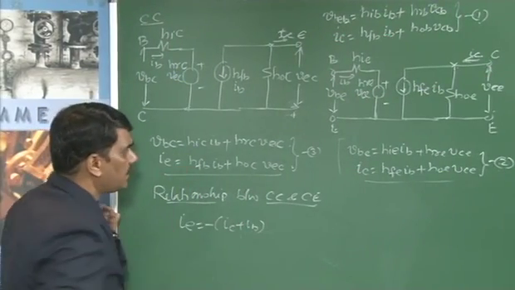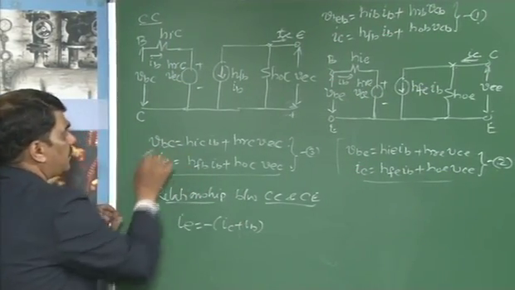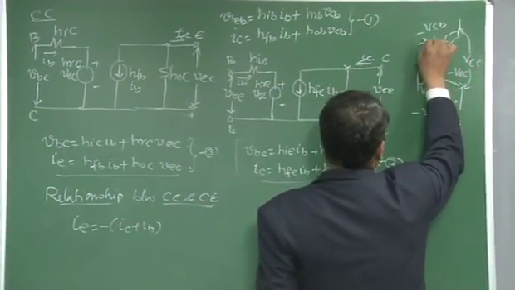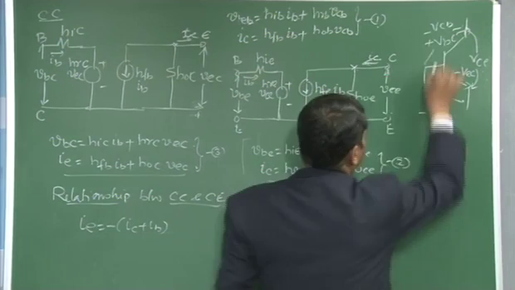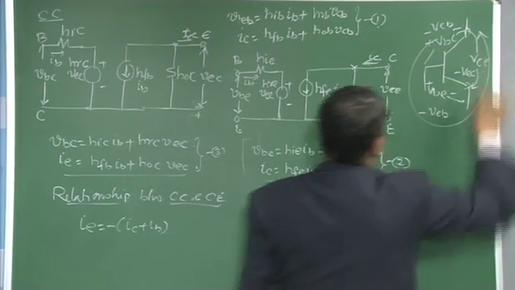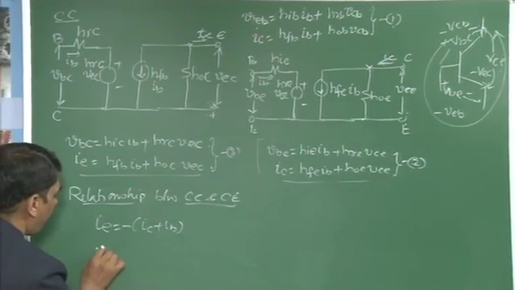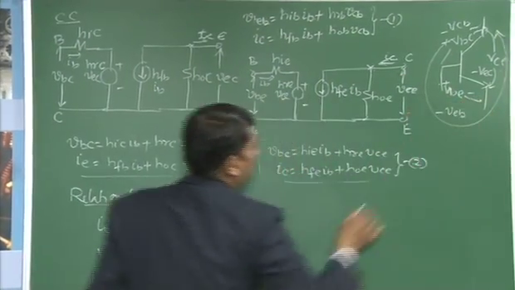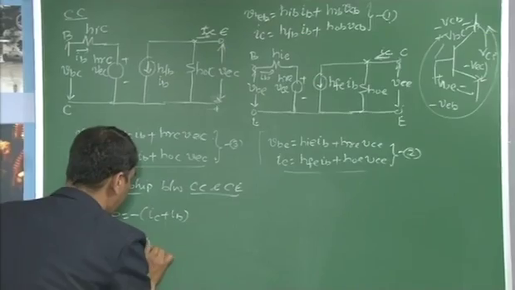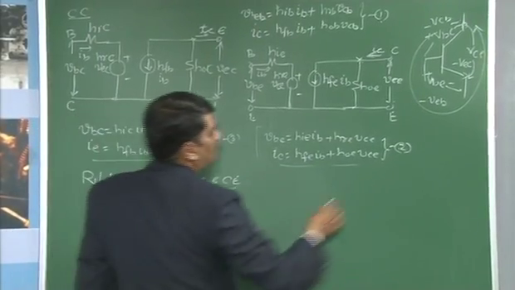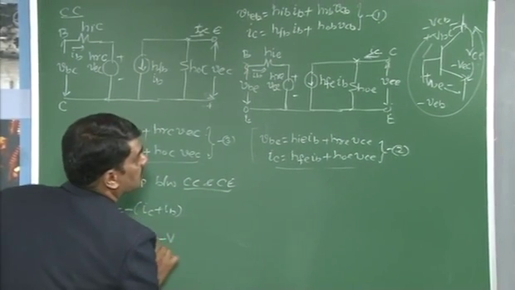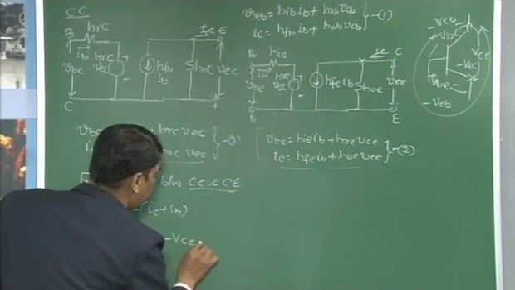From this equation it is clear that VBC means, applying KVL to this path, VBC plus VBE minus VCE is equal to 0.